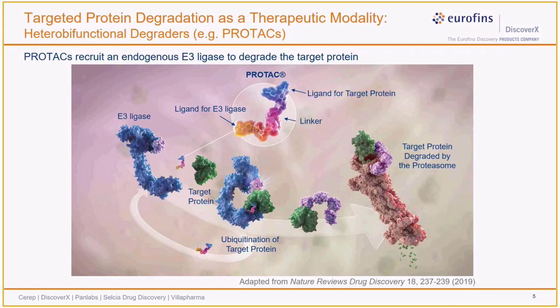Subsequently, the target protein is ubiquitinated and degraded. The most exciting aspect of PROTACs as therapeutic agents is that they could induce protein degradation at relatively low concentrations. Even a low affinity between PROTACs and the target protein could lead to effective protein degradation.